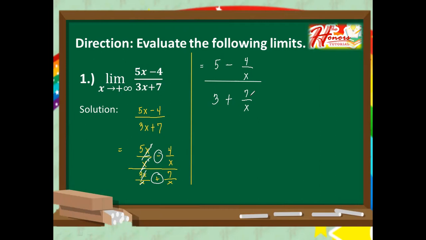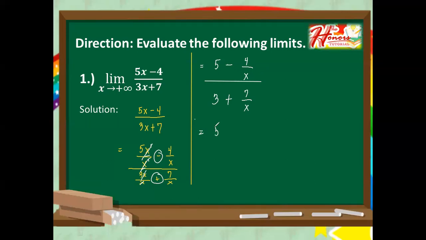That theorem simply states that if you have a constant in the numerator and a variable raised to any exponent in the denominator, automatically the value of this will become 0.